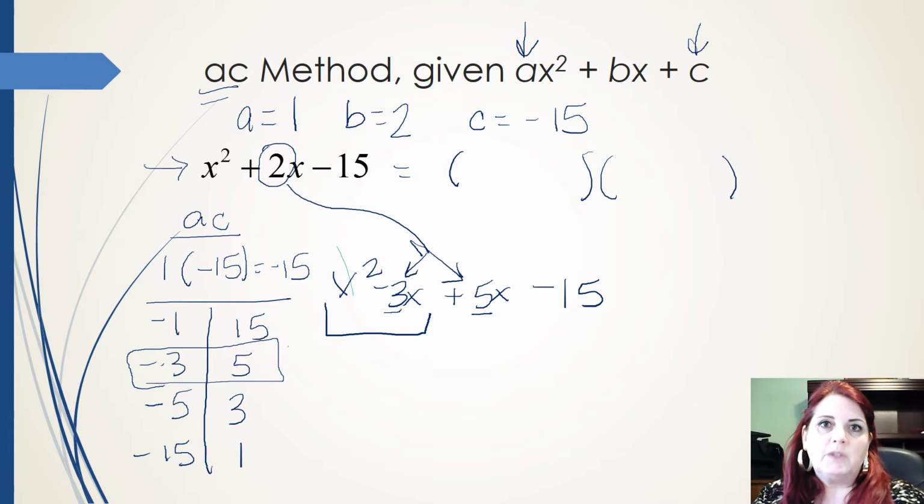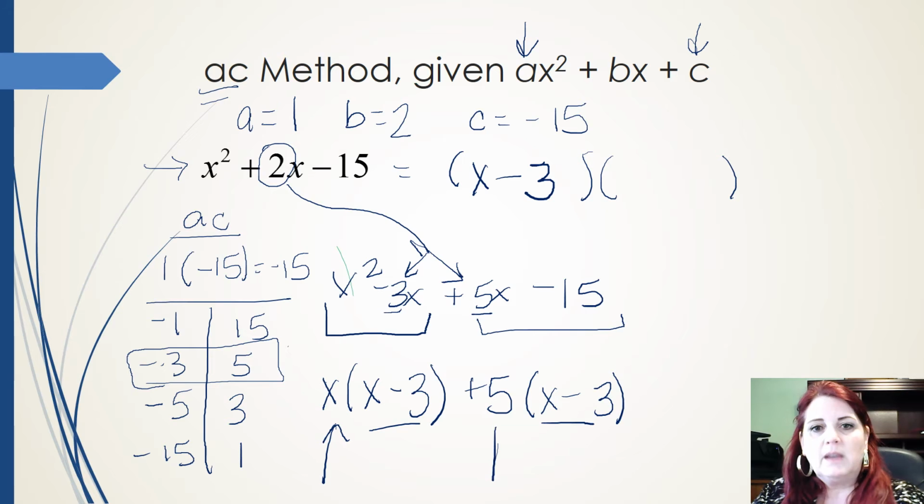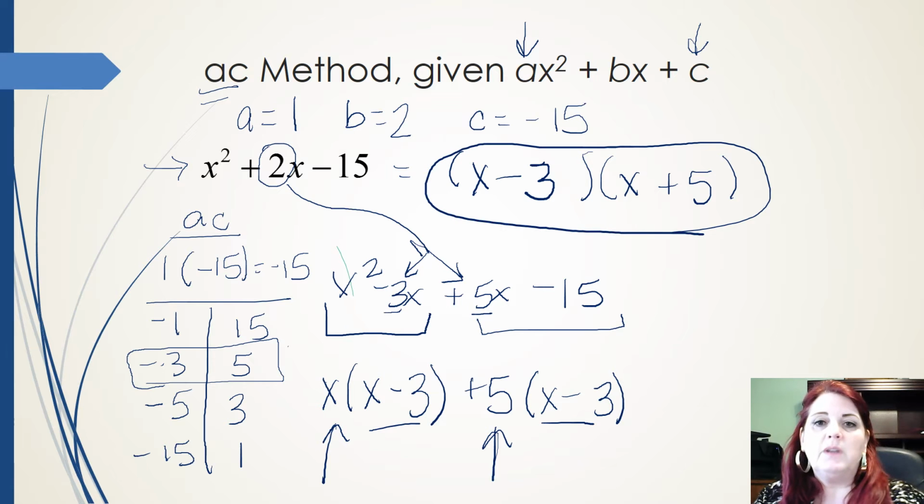In x squared minus 3x, it has a common factor of x being multiplied to the x minus 3. The 5x minus 15 has a 5 in common, multiplied to x minus 3. So x minus 3 is my common factor, and it's being multiplied to the x and the 5. So my factored form is x minus 3 times x plus 5.